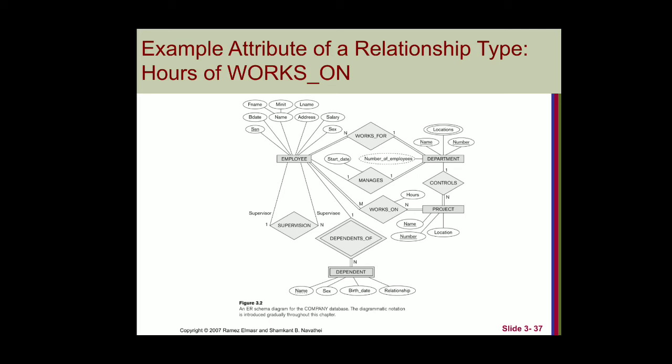If I shift this start date to the department table, that means a particular employee started working as a manager from so and so date in a particular department. That is very easy. But when we are dealing with N to 1, if we consider employee works for department, and we have any attribute attached to works for, then that should be attached to the N side entity type. Here we have employee as N, right? Then that attribute should be attached to the employee table only.